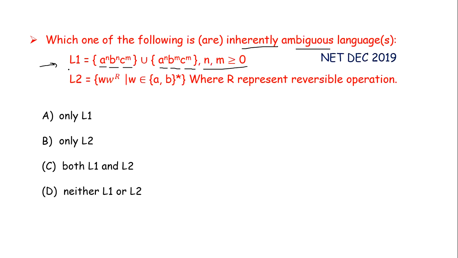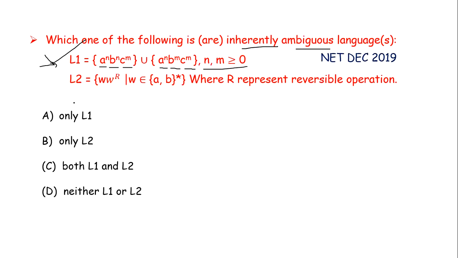Now this language L1 is inherently ambiguous because we cannot have any unambiguous grammar for this language. We can find the proof for this statement in the Ullman textbook. So L1 is inherently ambiguous.